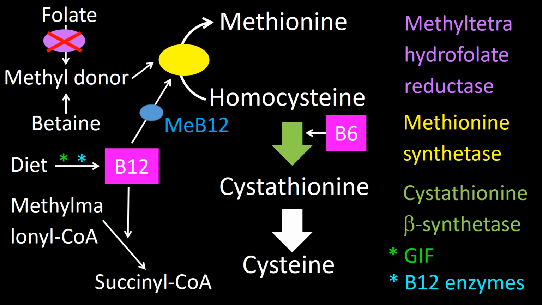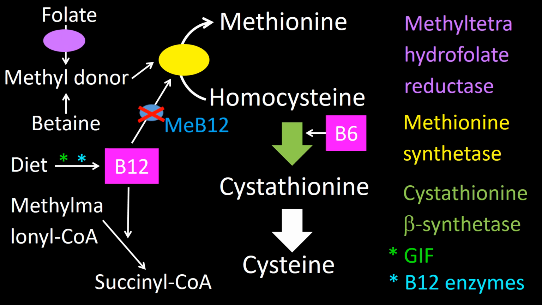Site 2, when folate fails to donate a methyl unit. This is due to methyltetrahydrofolate reductase deficiency. This condition is not associated with megaloblastic anemia. In patients with this form of homocystinuria, anesthesia using nitrous oxide can be catastrophic.